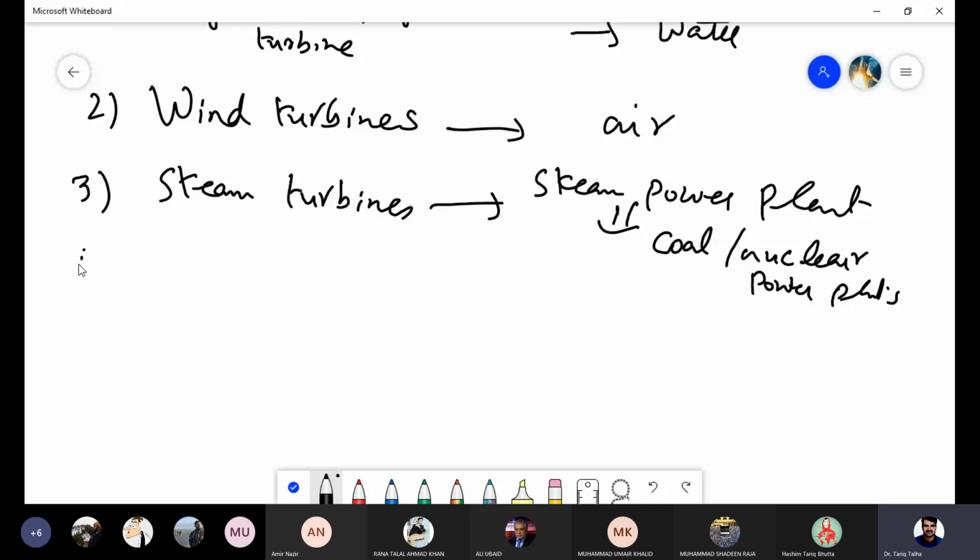And then the fourth one is gas turbines. So in gas turbines, we combust some fuel like diesel or petrol. Mainly, we employ diesel in this, and then we can generate electricity.